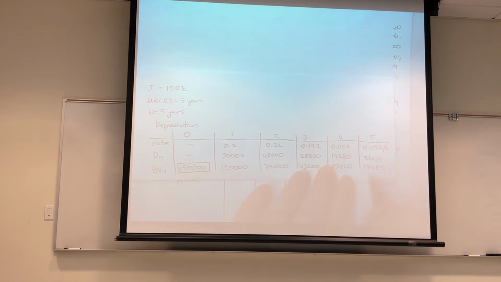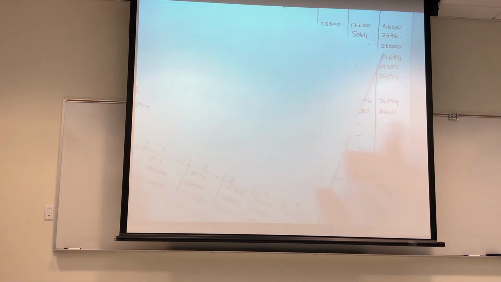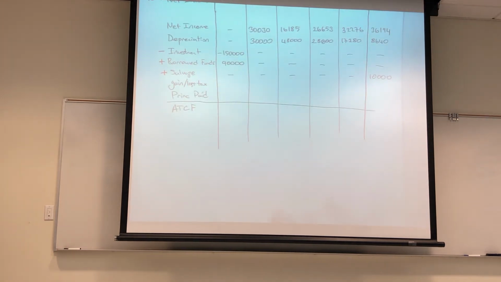So the book value at year 5 is 17,280. Salvage value is 10,000. Right. So how I write this down in Excel and everywhere is minus salvage minus the book value times tax.